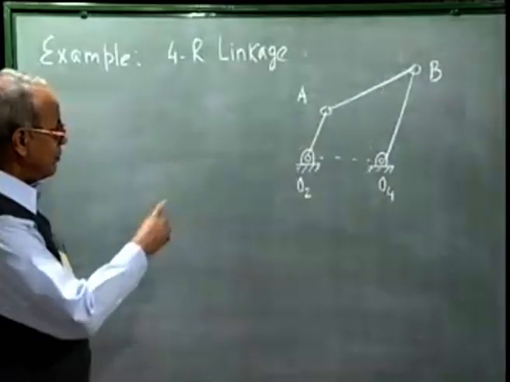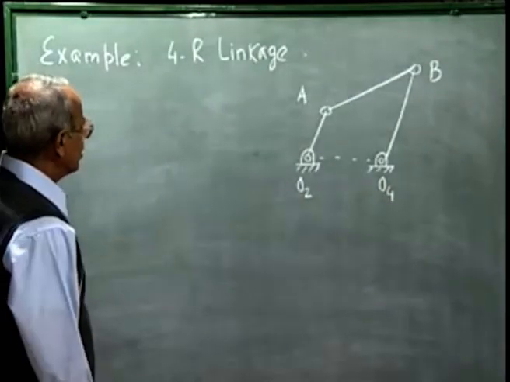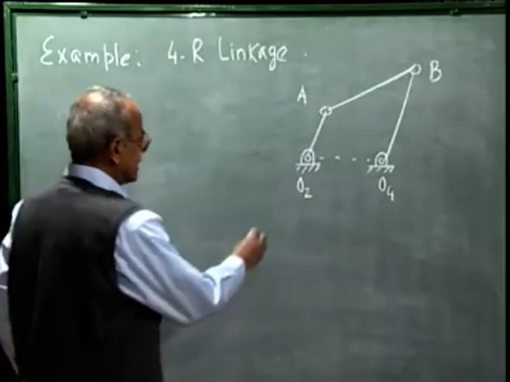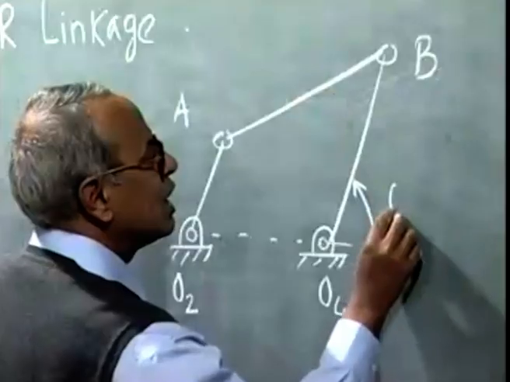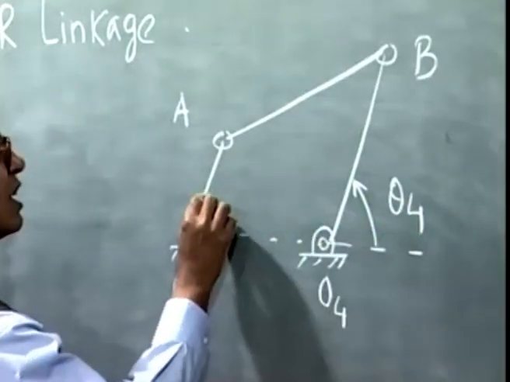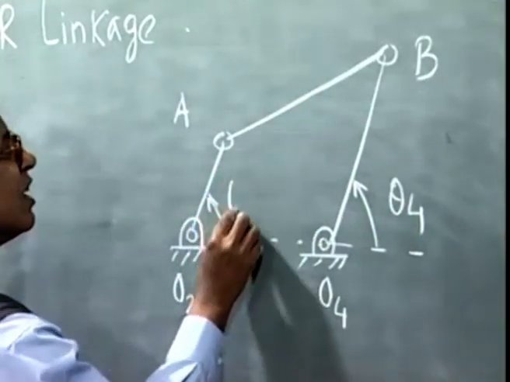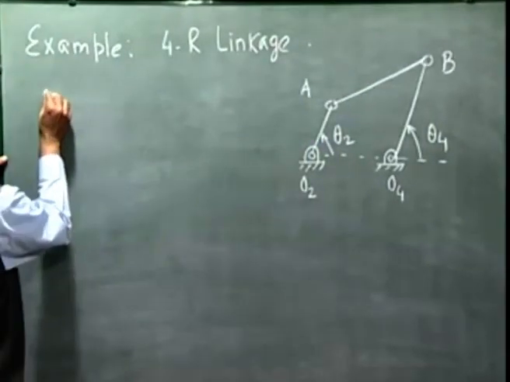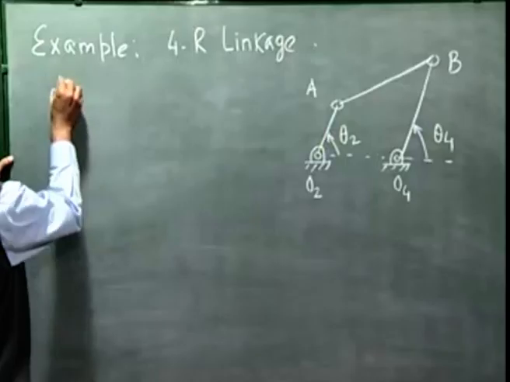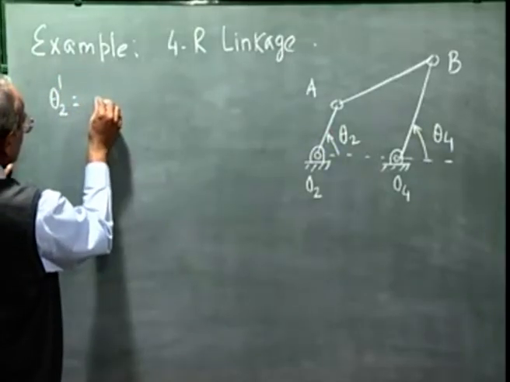Let O2AB O4 be a 4-bar linkage which we want to design such that it satisfies 3 coordinated positions of theta 2 and theta 4.